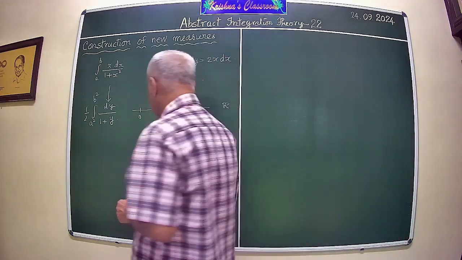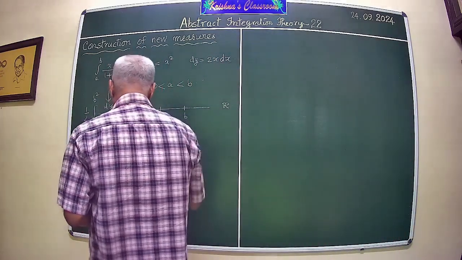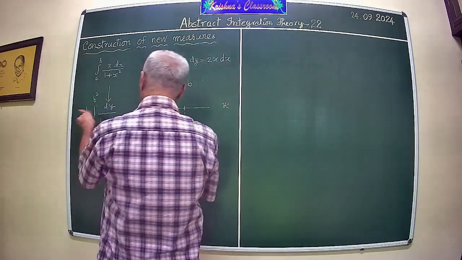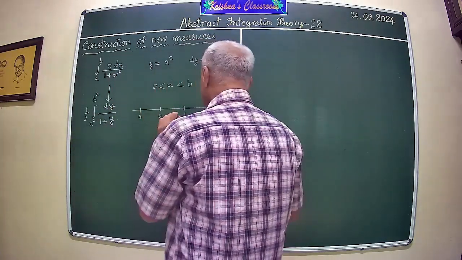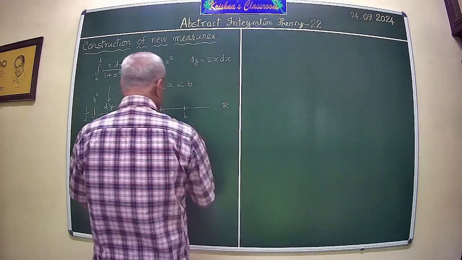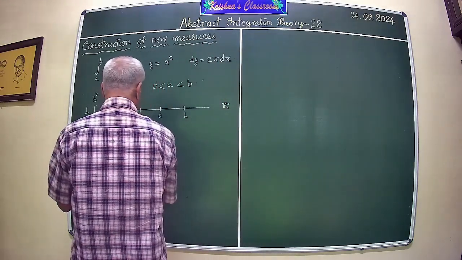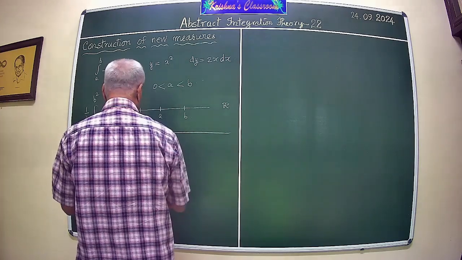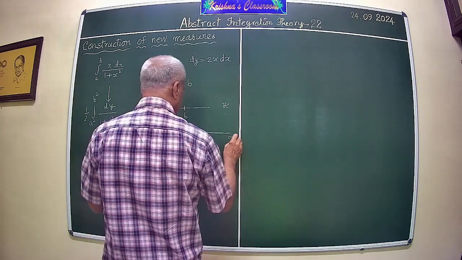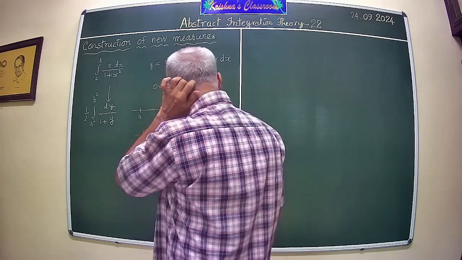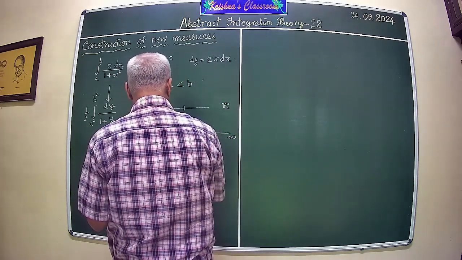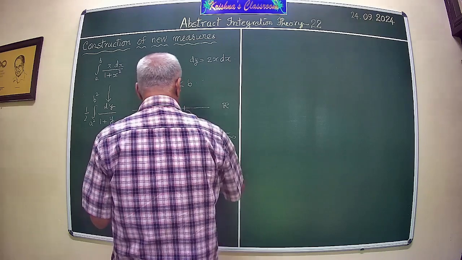Okay, so let us take this half interval. So the transformation y equal to x square, this R gets mapped to the interval 0 to infinity, and then a goes to a square, b goes to b square.